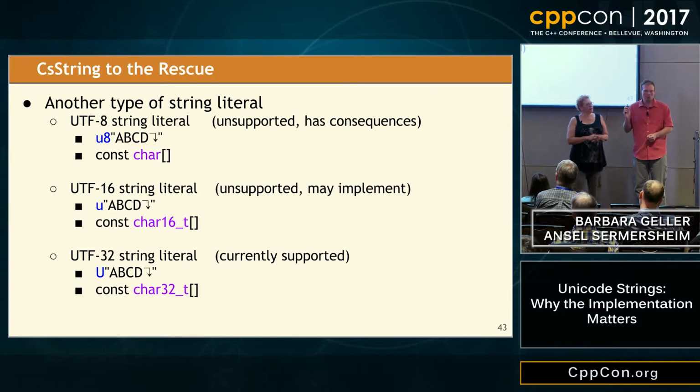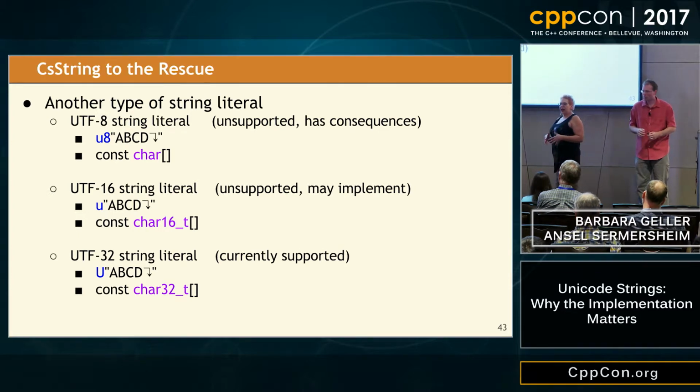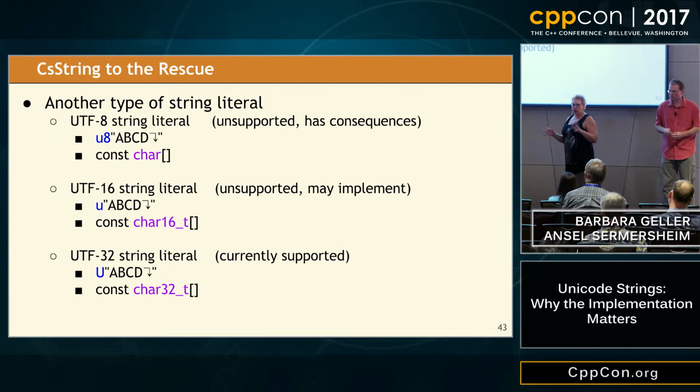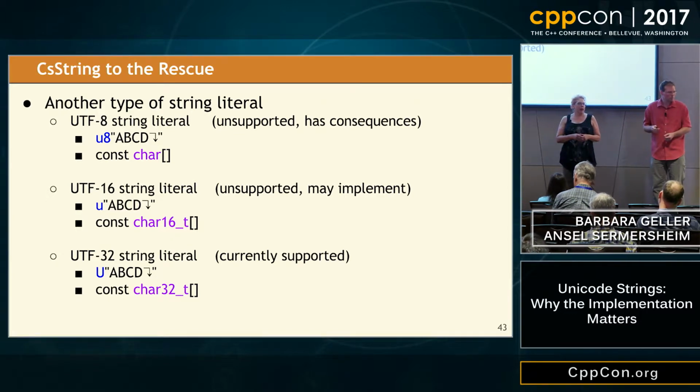This is really unfortunate. So we can easily support string literals of the UTF-16 and UTF-32 type, but it's ambiguous on the UTF-8 type. We actually have a define in the library that you can turn on and off depending on how restrictive you want to make it.